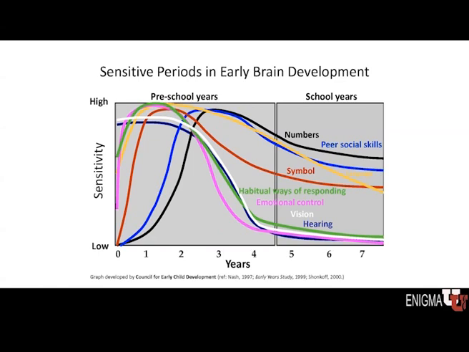But there also needs to be opportunities for the brain to develop and for those skills to progress. And so the child does also rely on those opportunities from the environment for those skills to develop.